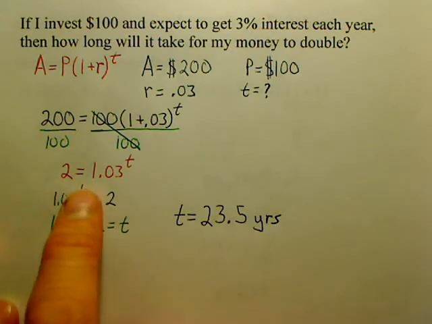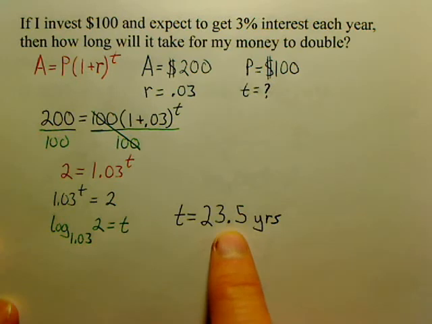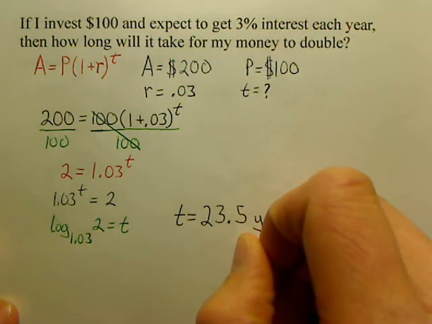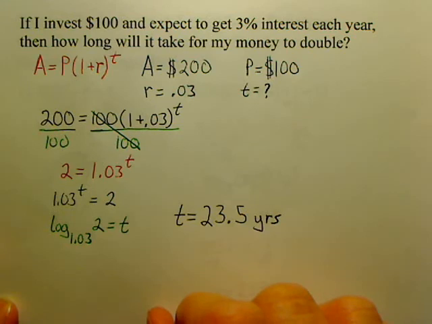Remember that? Put the word log in front, switch t and 2. And if I calculate this with a calculator, I end up with 23.5 years. So it takes quite a while to double your money at 3%. If you had a better interest rate, it'd go a lot faster. But that is a very, very practical use of exponents and logs. Good luck with them, and I think you could do really well.